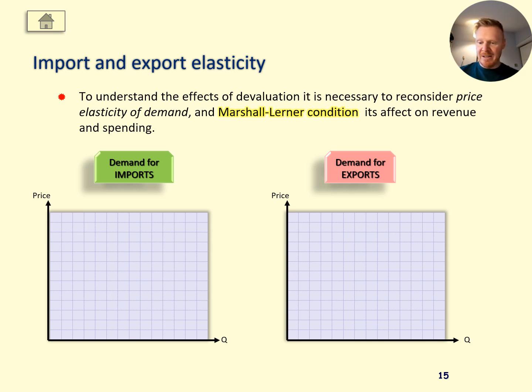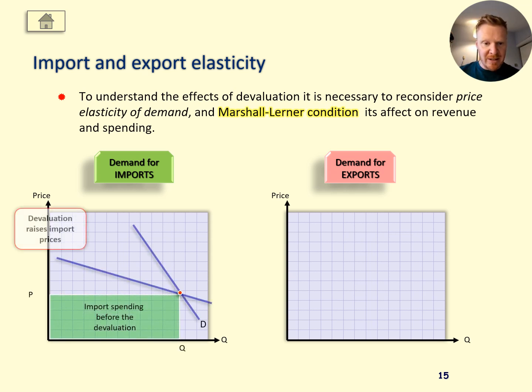Demand for imports and demand for exports on the screen now. You can see that I've got a steep demand curve, which is inelastic, and a shallow demand curve, which is elastic. And devaluation raises import prices. Import spending before devaluation is the green shaded area there.